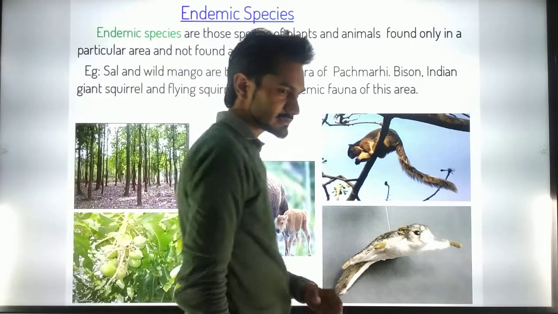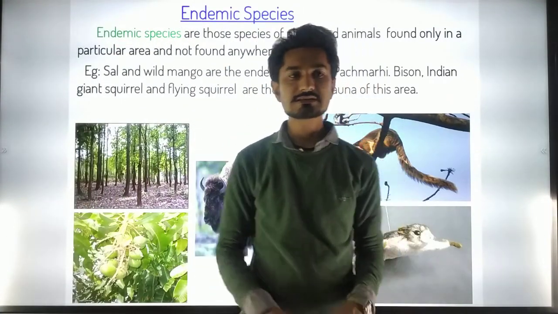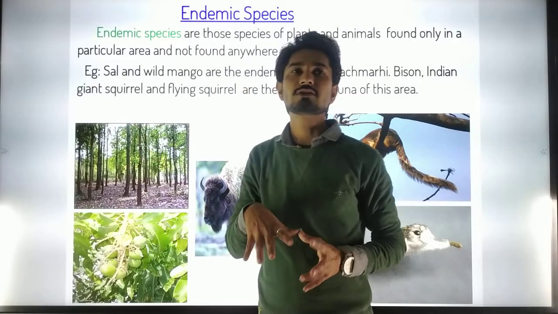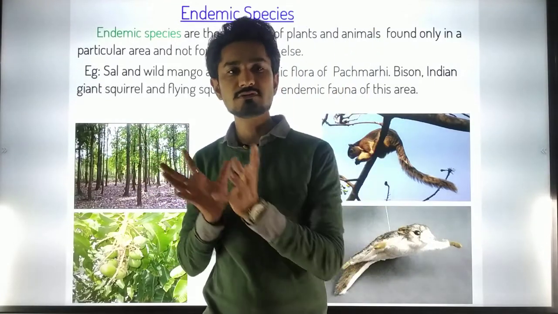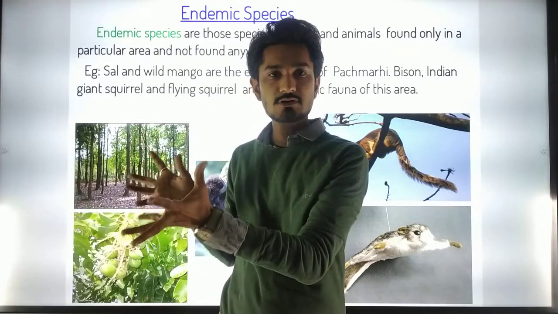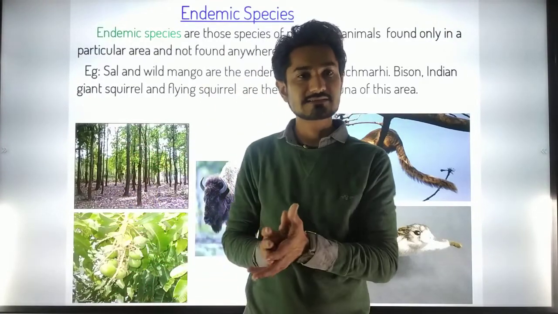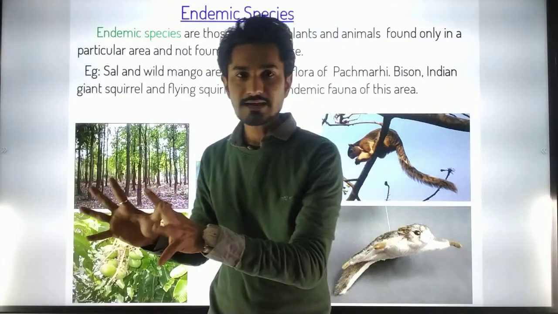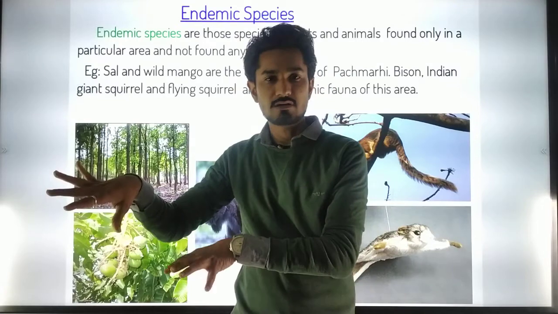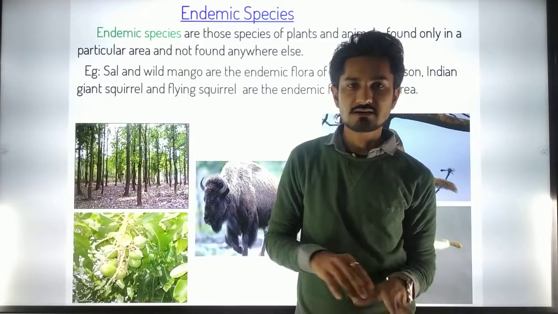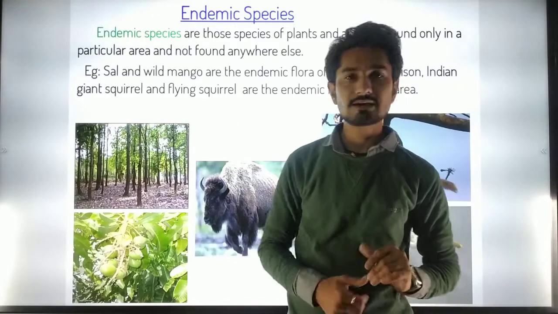Whatever species of animal is found in such a specific area, like for the polar bear, we will have to go to the North Pole or glacier-type places. There we can find the polar bear. So a particular area gives us the particular animal, and that type of species is known as the endemic species.